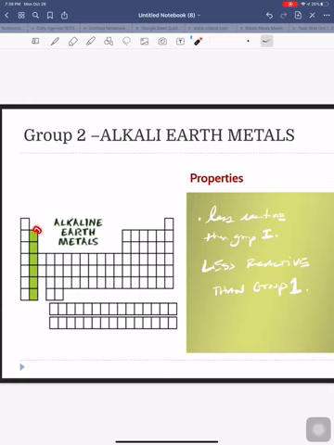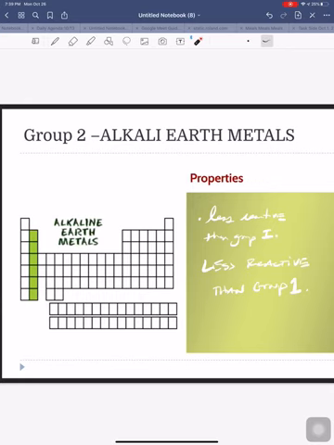I can count on group 2s reacting a certain way. I can count on 17s over here reacting a certain way. As we move through, we're going to see that's going to get lost in a lot of the periodic table. I can't make safe bets on how things are going to react. It just depends on what I'm using. But I can count on alkali metals and alkaline earth metals, group 1 and 2.